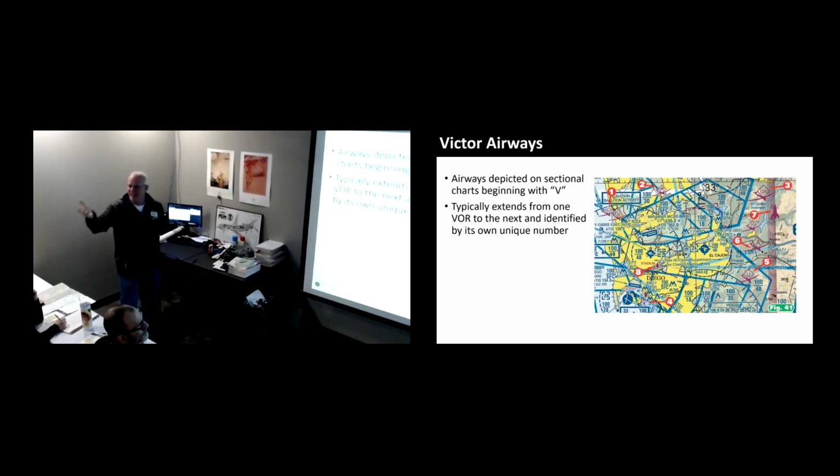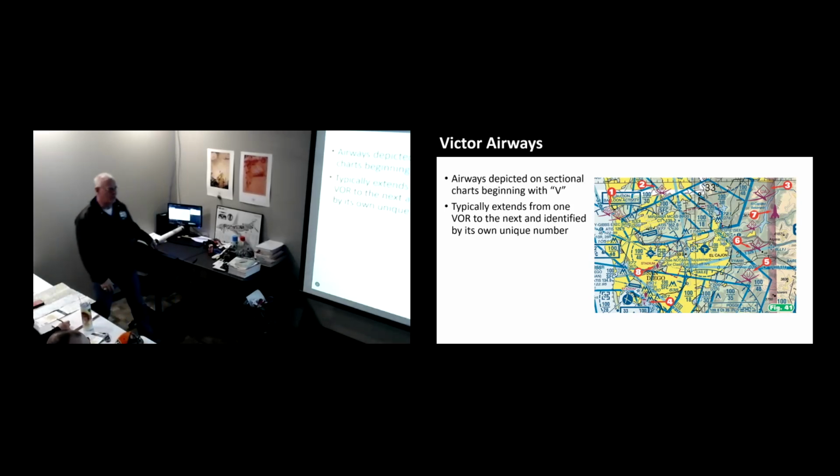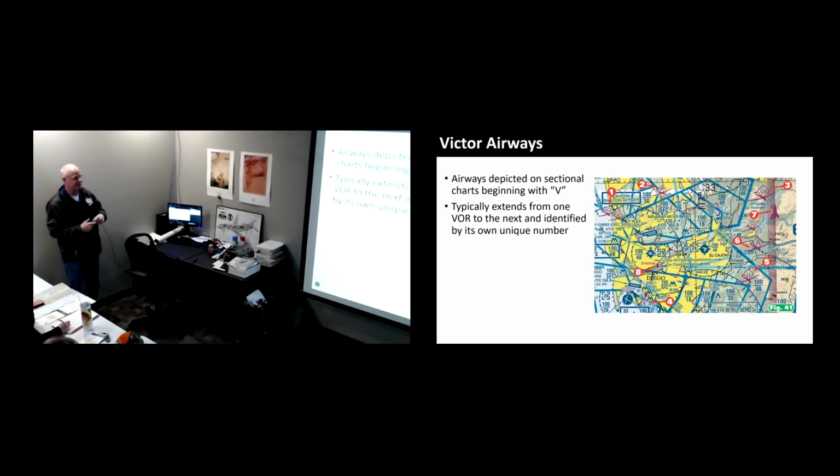So back in the old days, when we didn't have GPS and we navigated VOR to VOR, we could navigate from one VOR to another and know that we were flying on Victor 460, either easterly or westerly. In this case, it shows the 076 degree radial or heading. Okay, so that's what the Victor Airways are.